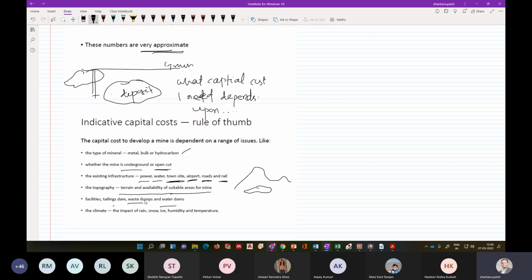So it depends upon that, and also the climate, right? Like if it is a rainy place, or snowy place, or icy place, humid place, temperature. All those things depend and come here to find out what capital cost you need.